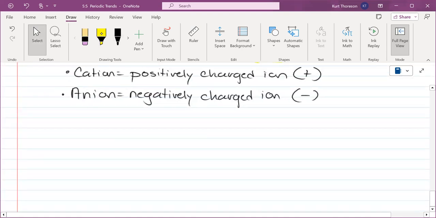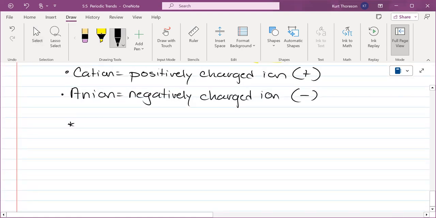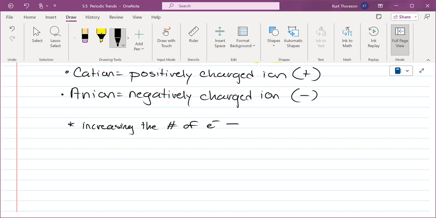Okay. So I want you guys to write this down. This is important. Increasing the number of electrons equals increasing the radius. It's getting more electrons.